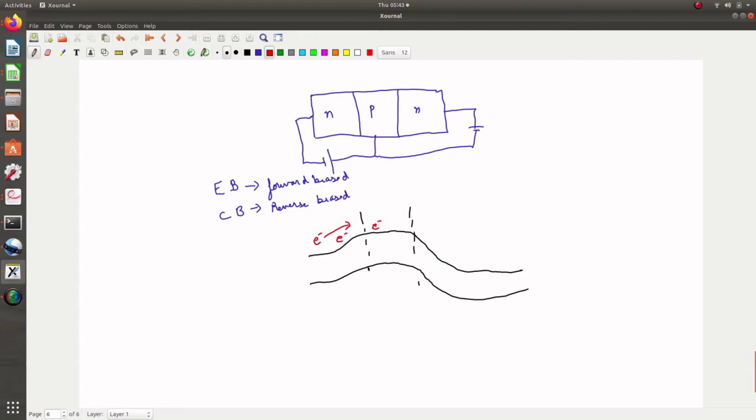Whatever electrons that move from emitter can recombine at the base, and the electrons which are remaining after recombination reach the PN junction nearer to the collector, which are swept or attracted towards the lead connected to the collector, constituting the collector current.